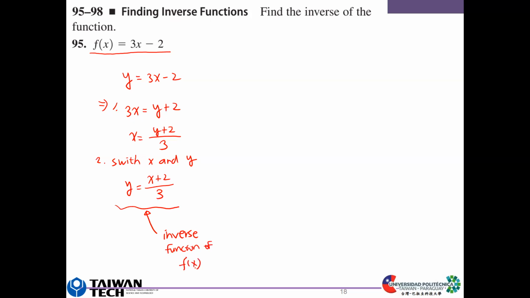And then how can we double check? If we have f inverse of f of x, the answer will be x. The inverse function just undoes what f does. For f of x, it converts x to a value.